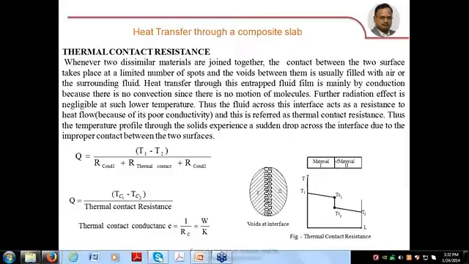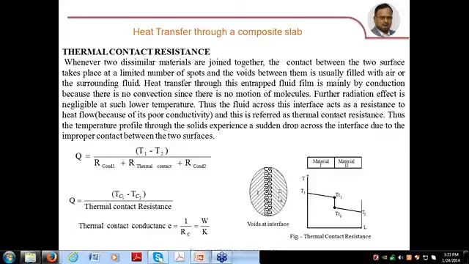If you neglect the thermal contact resistance, that is the distance between these two materials, Tc1 will be equal to Tc2, because you are neglecting the material 2.